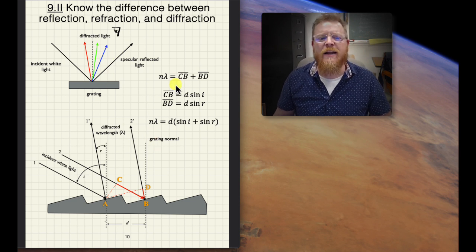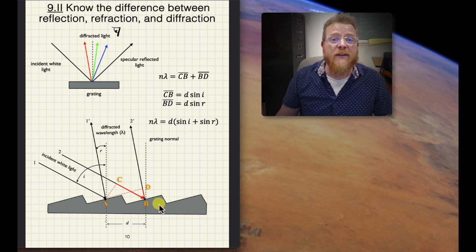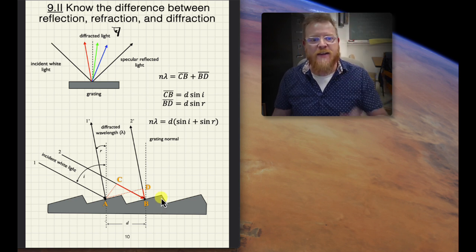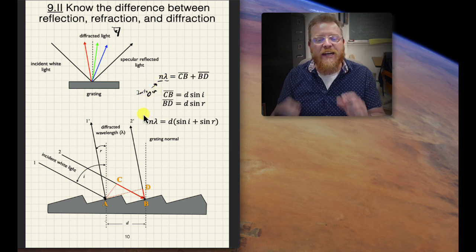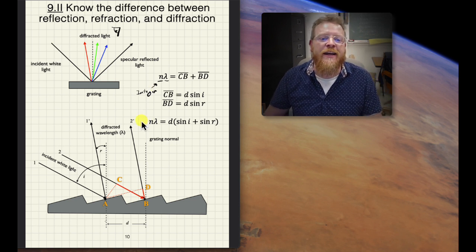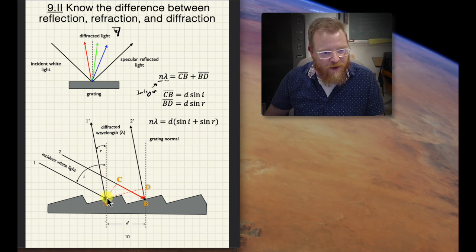I'm not going to spend a whole lot of time getting into this equation. The idea is it's based on the fact that our waves must be quantized. We have to have integer values of the wavelength. We can't chop up our wavelengths into non-integer units. The way the grating equation goes is the length CB is normal to A, and then here we have the line out at 45 degrees.